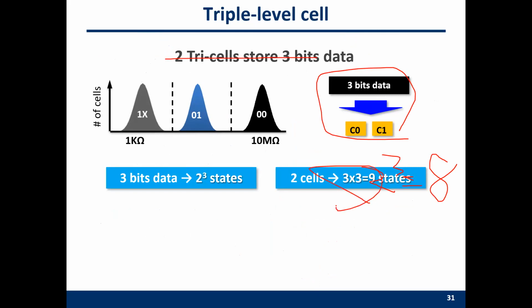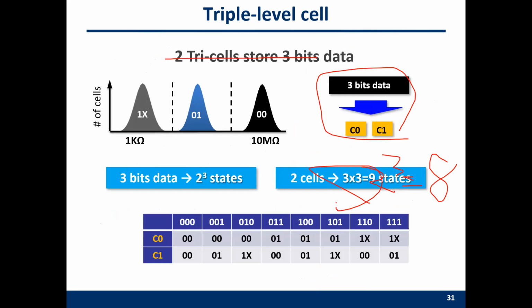So this is good enough. We can easily use a truth table to represent that. For example, if the first cell is 00, the second cell is 00, then the 3 bits are triple zeros. If the first cell is 01, the second cell is 1x, then the 3 bits are all ones.